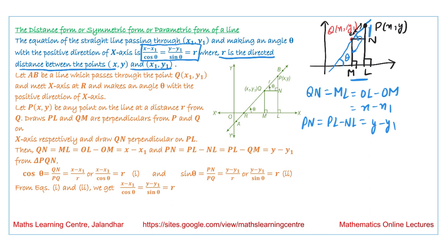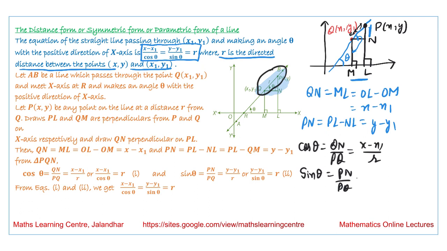Looking at this triangle, cos theta is equal to QN over PQ, that is x minus x1 over r. And sin theta is equal to PN over PQ, that is y minus y1 over r.